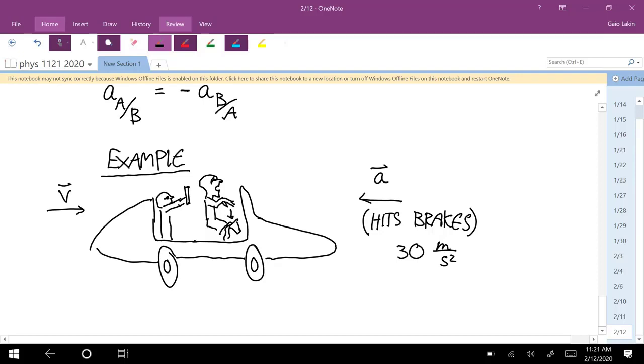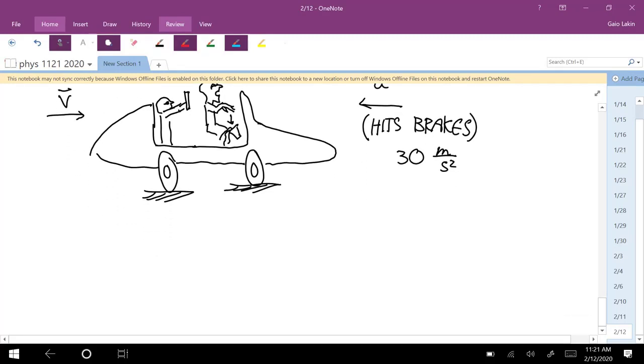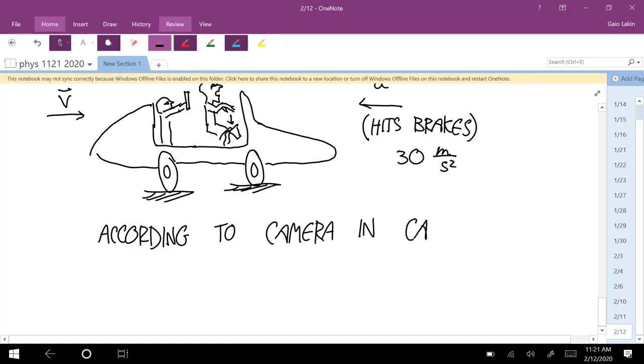That's pretty big, but let's say that's what it is. According to the camera, what's the acceleration of the coffee?